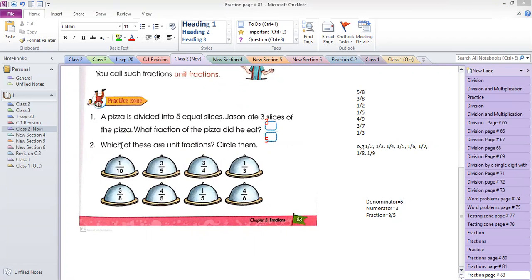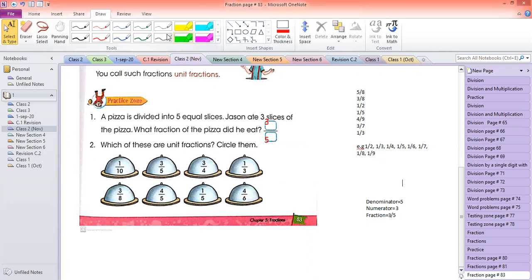The next question is, guys, which of these are unit fractions? Circle them. You have to circle the unit fractions here. 1 over 10, is it a unit fraction or not?